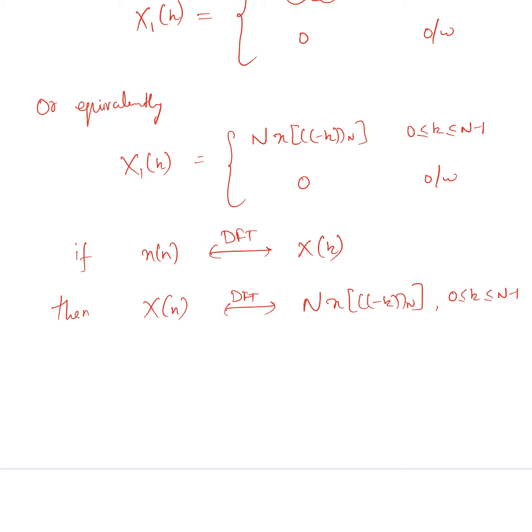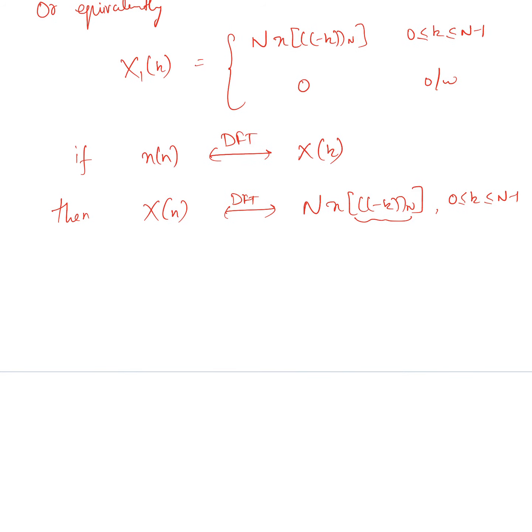Now we can also simplify this modular notation. Minus k modulo N is basically equal to N minus k for k lying between 1 and N minus 1.